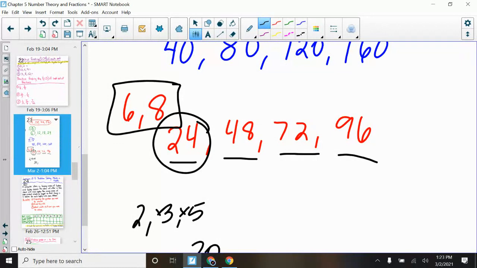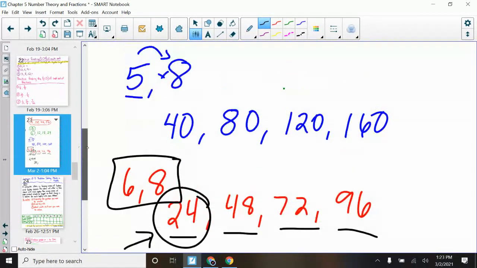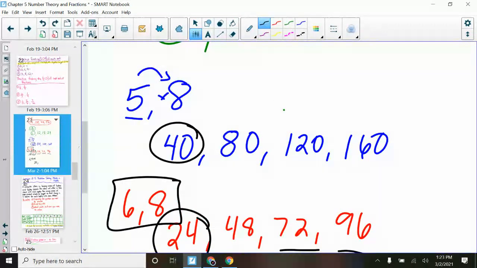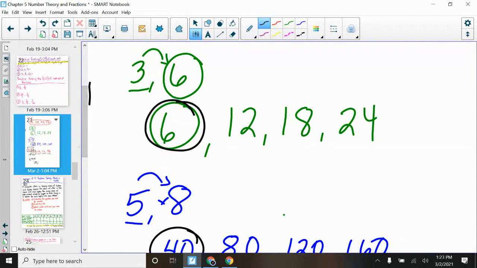Anytime you find the smallest number that 2 numbers have in common, the rest of them will be a multiple of that number. Just like these are all multiples of 40, just like these are all multiples of 6. It works every time. That's what that question was asking, okay?